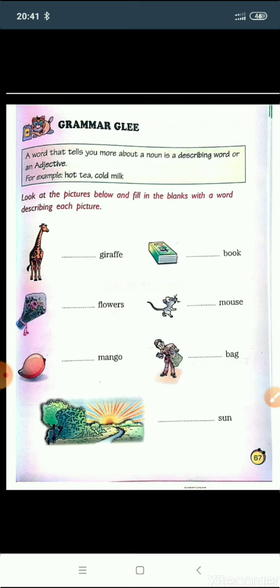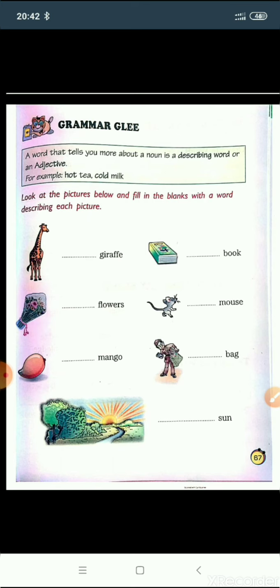Chips is salty. So salty is the describing word. Then when I say soft pillow, the word soft describes how the pillow feels. The pillow feels soft. So soft is the describing word. Then when I say fresh fragrance, here fresh is the smell of the fragrance. The word fresh describes the smell of the flower fragrance.